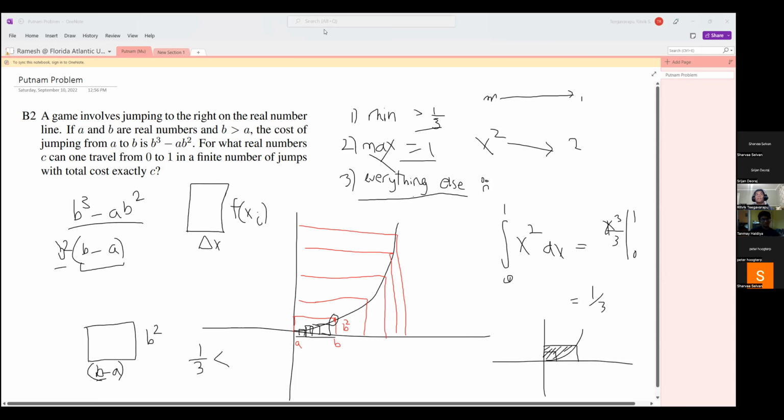But yeah. For the purposes of the Putnam, we wouldn't really need to go any further. We've already shown that it's an overestimate, so it has to be greater than 1/3, and we've also shown that the exact area under the curve is 1/3.